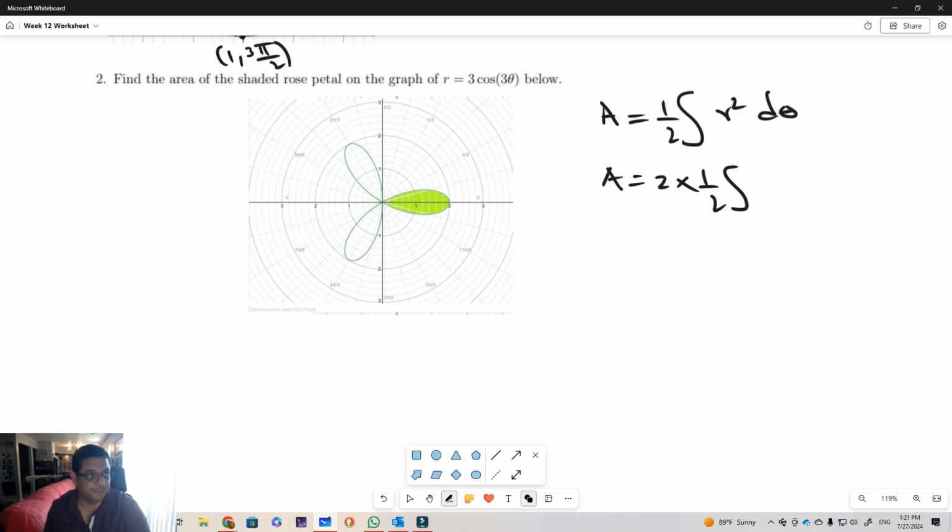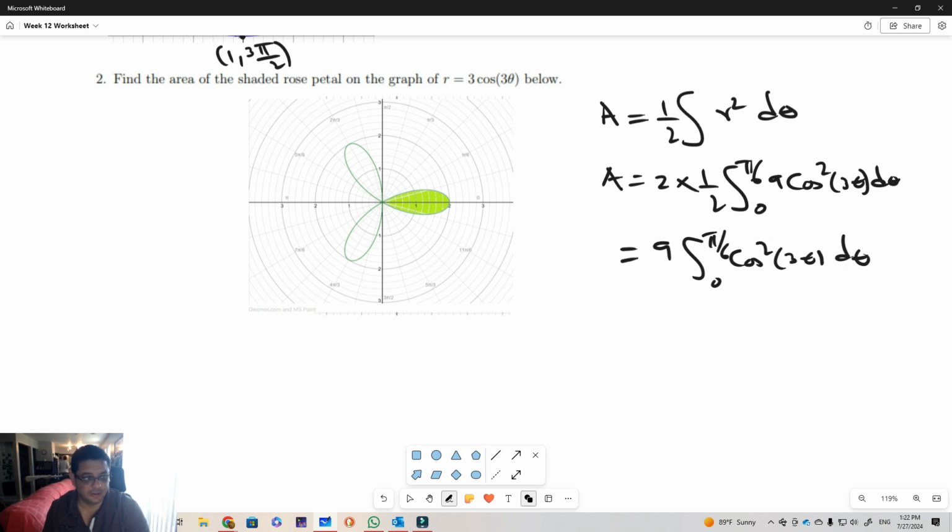And so this is 0 to pi over 6 of, and then the function is 3 cosine of 3 theta. So this is 9 cosine squared of 3 theta, dθ. So that'll be, cancel this out, and this is 9 times the integral from 0 to pi over 6 of cosine squared of 3 theta dθ.